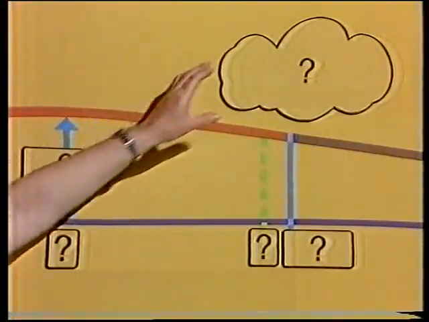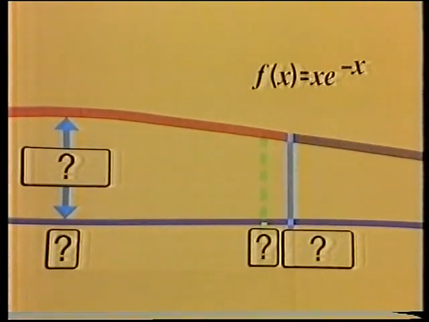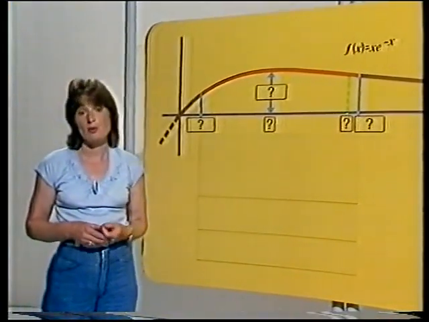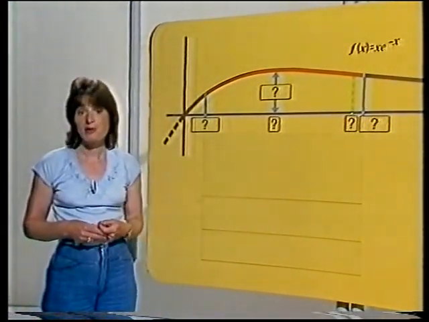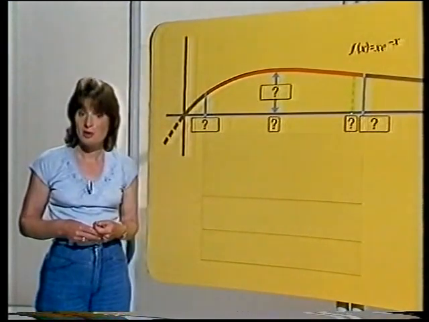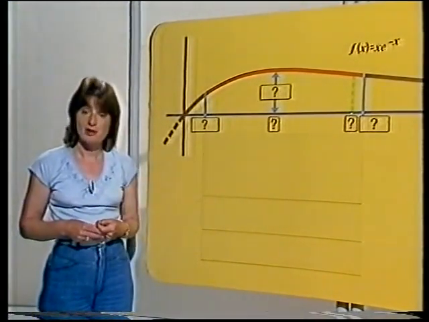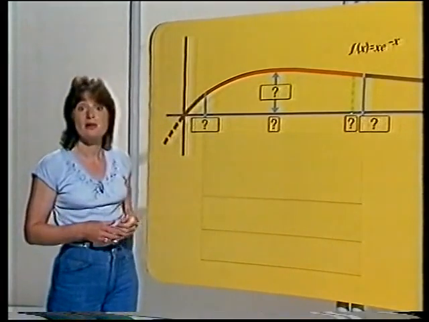Well, it's the graph of f of x equals x e to the minus x. And why choose this function rather than any other? Well, we thought of several possible functions and then sketched their graphs, following the same graph sketching techniques you've been using in this block. And we decided that we liked this shape best.